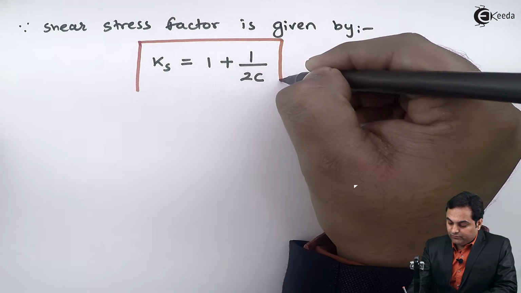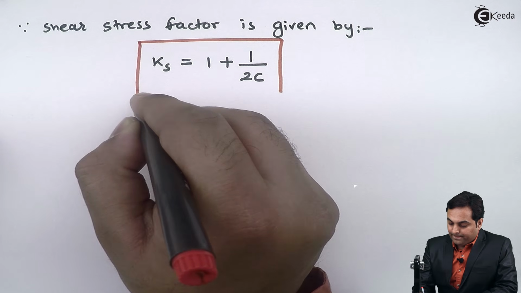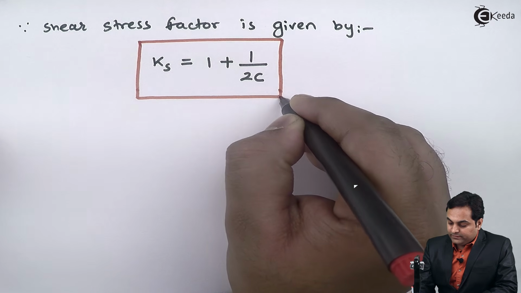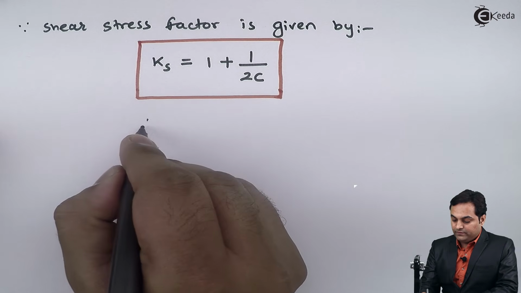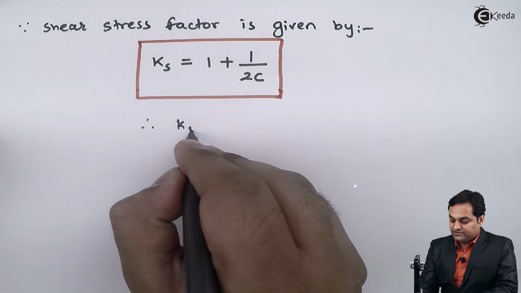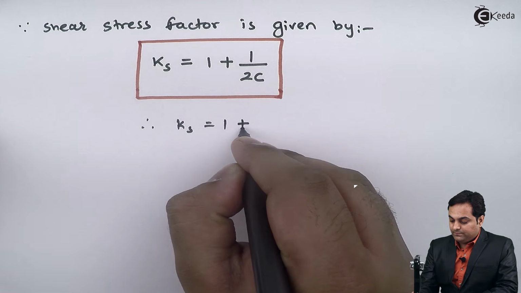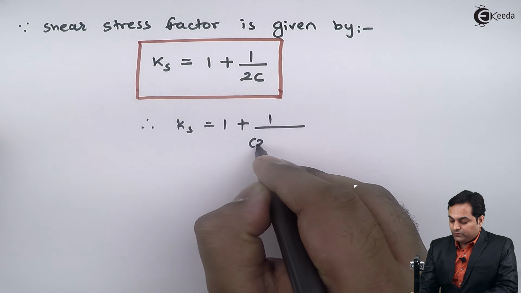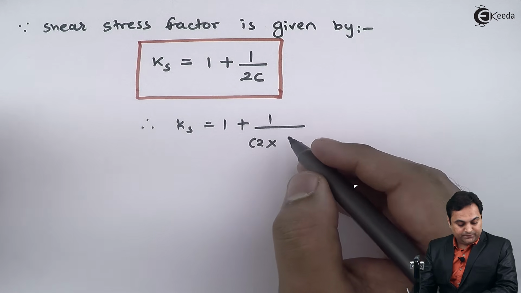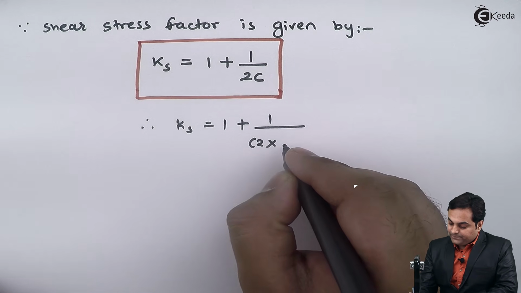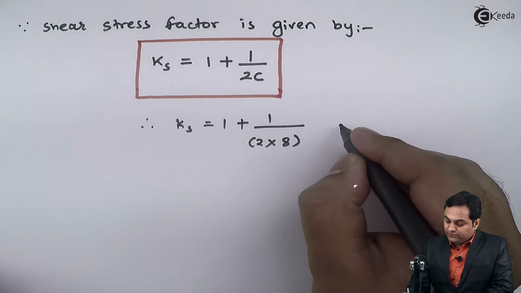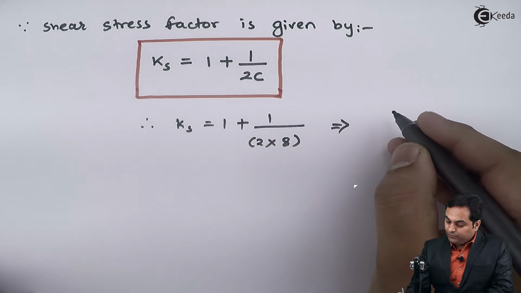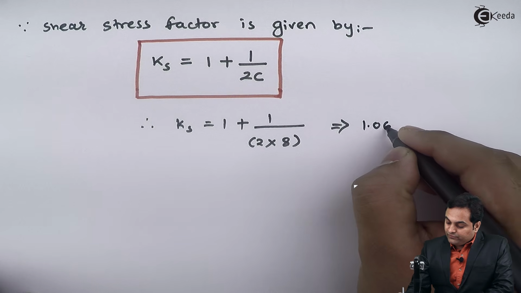This is the formula of shear stress factor, and in this problem, as the value of C is given, I can find out K suffix S, that is 1 plus 1 upon 2 into C, that is 8. So if I calculate from this the answer of shear stress factor, it comes out to be 1.0625.